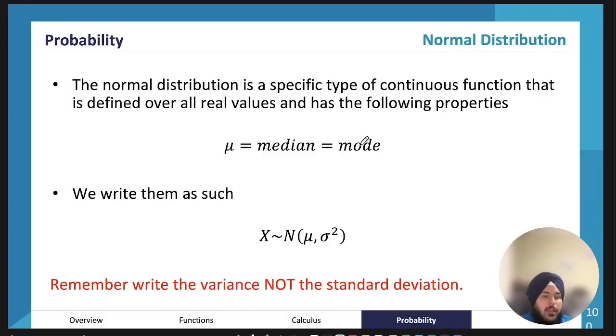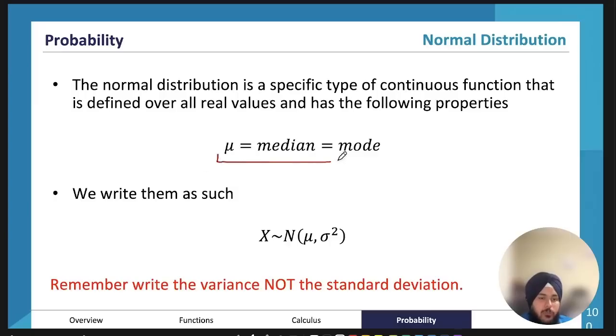Okay, so now we'll quickly skim over the normal distribution. The normal distribution is a type of continuous variable distribution. A continuous variable distribution is where we're recording things like height and weight, which usually have a lot of variation in nature.